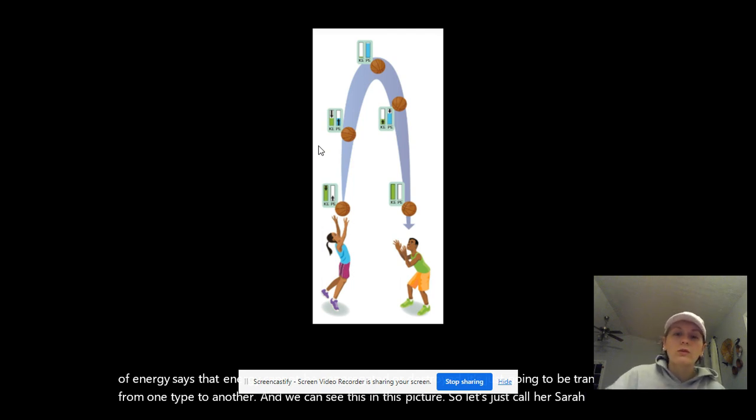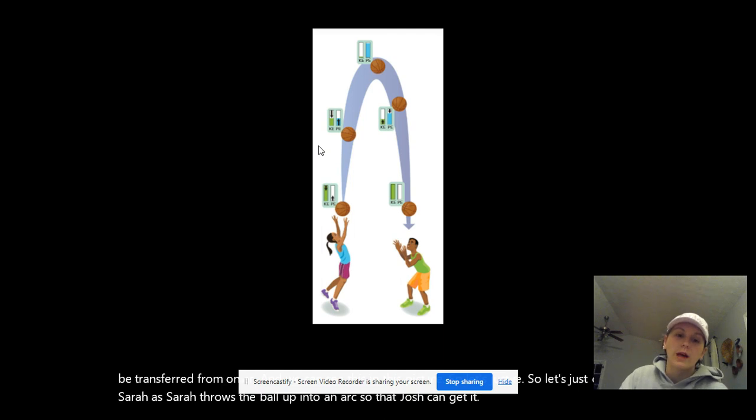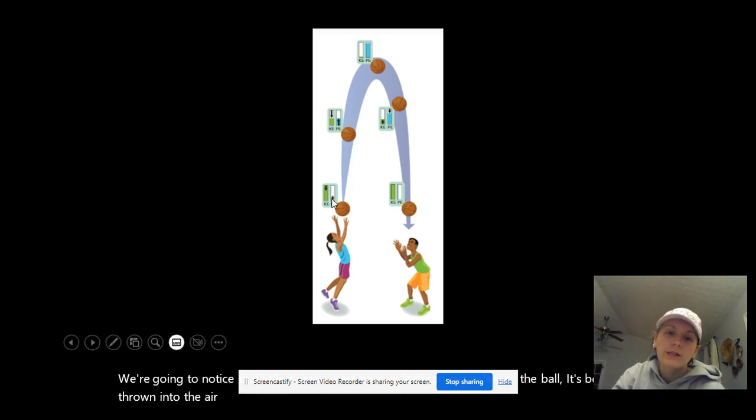As Sarah throws the ball up into an arc so that Josh can get it, we're going to notice that when she initiates the throw, she's released the ball, it's been thrown into the air. Green is kinetic energy. Our kinetic energy is very high. We have some potential energy, but even after she's thrown it, it's slowing down.